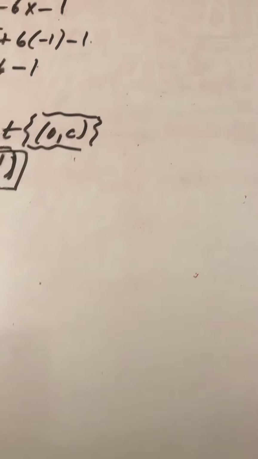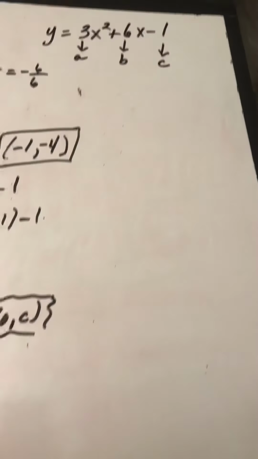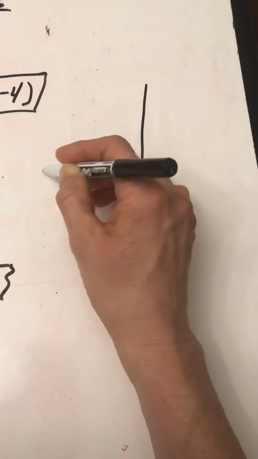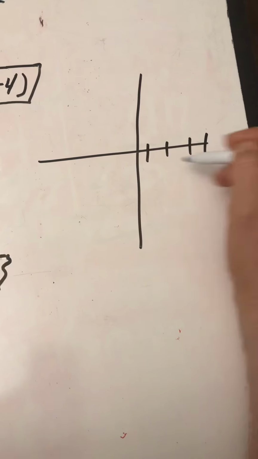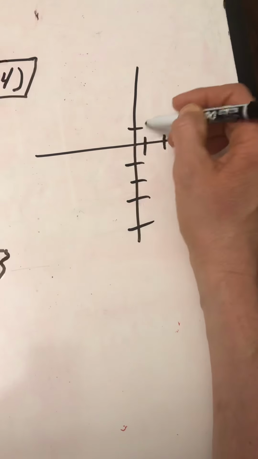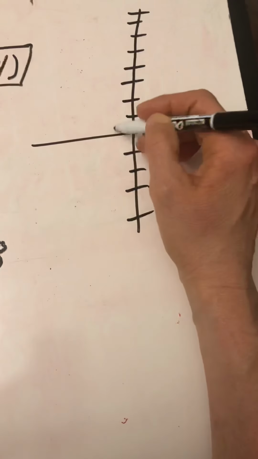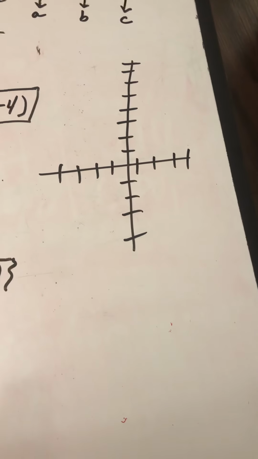At this point, I like to graph it first so I can see what points I might want to find. I'll just draw an axis here. Draw in your axis of symmetry first.